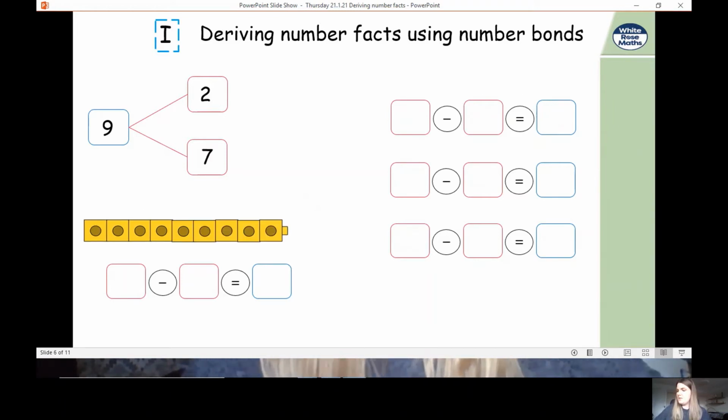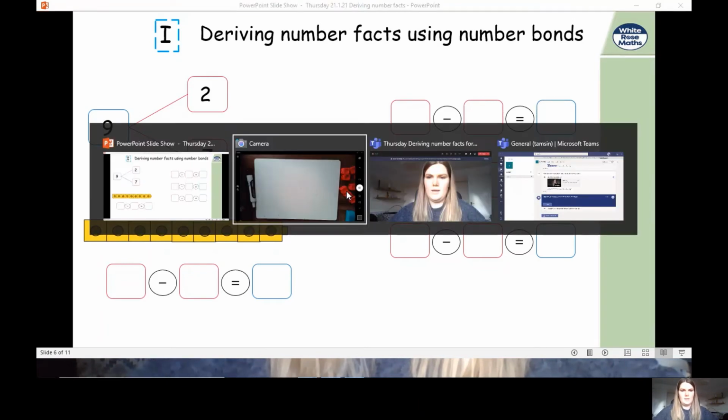So let's see if we can do it for this one. My sum is going to use these number bonds. It's going to use the number bonds of 2 and 7 to make 9. So the first thing I need to do is get my 9 cubes.